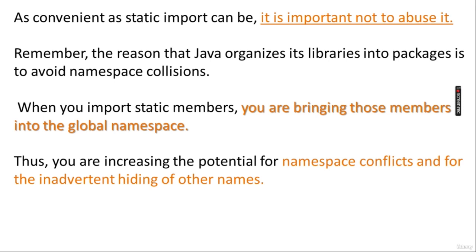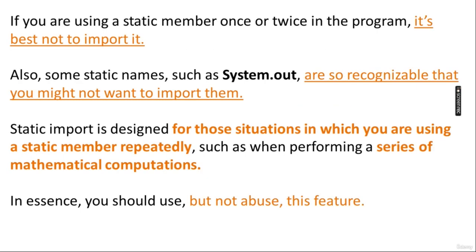So when you have complex expressions, like when we calculated the hypotenuse of the right angle triangle, in such cases you can use static import, but in cases where namespace collision can occur, you better avoid using import static. If you are using a static member once or twice, it's best not to import it.